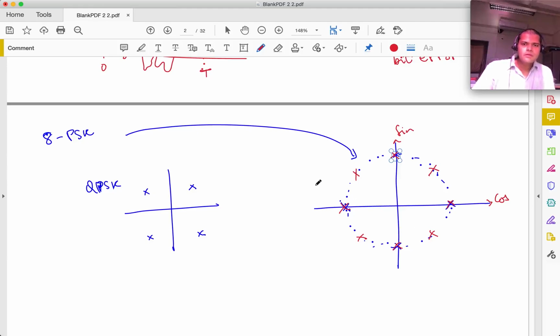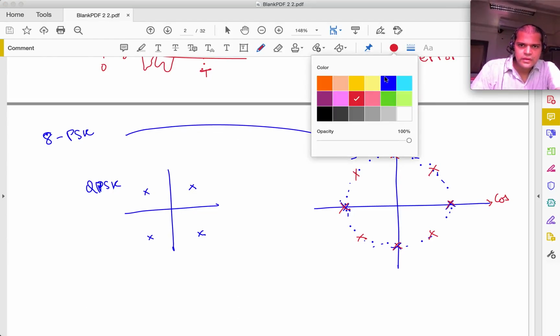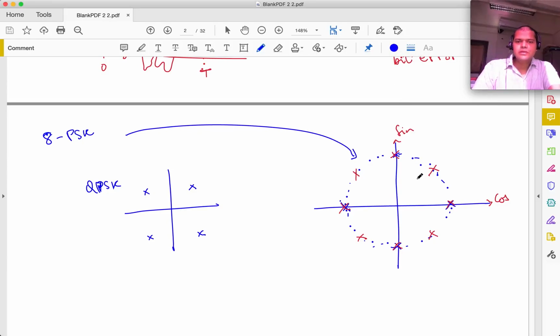Okay. So suppose these are the 8 constellation points, then how do we do detection? We said that effectively what we are going to do for detection is, suppose this is the signal that was received, noise pushed the signal so that this point was received.